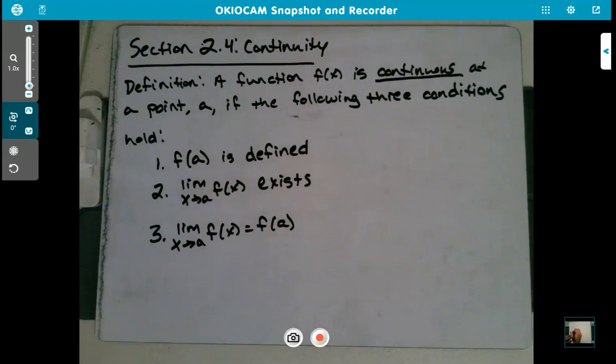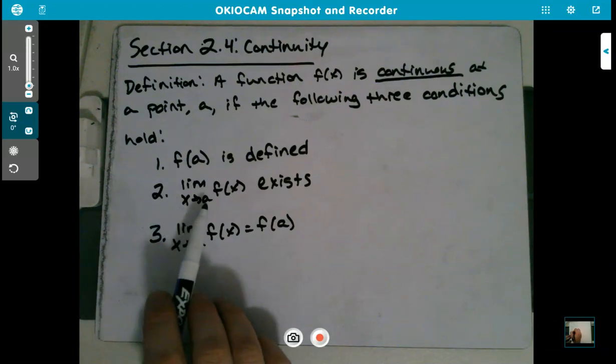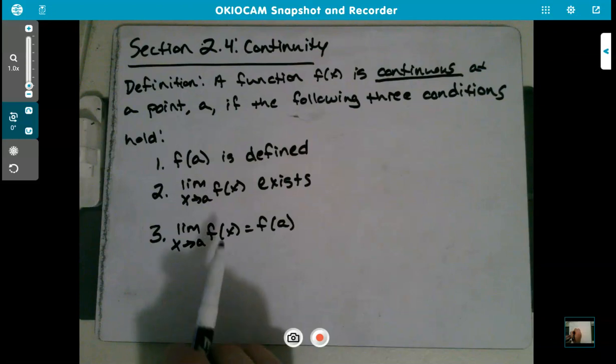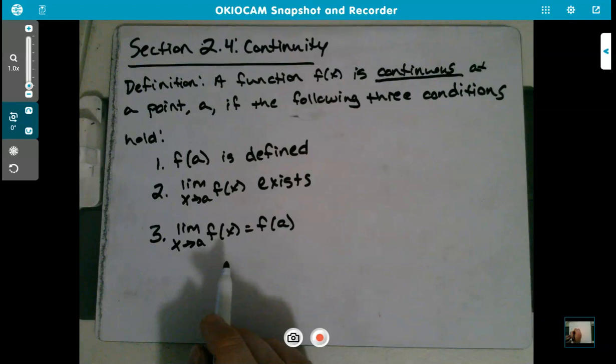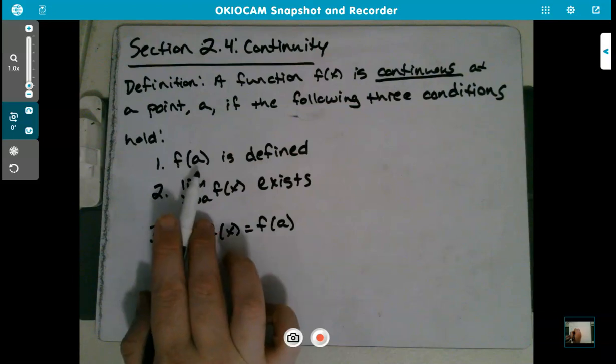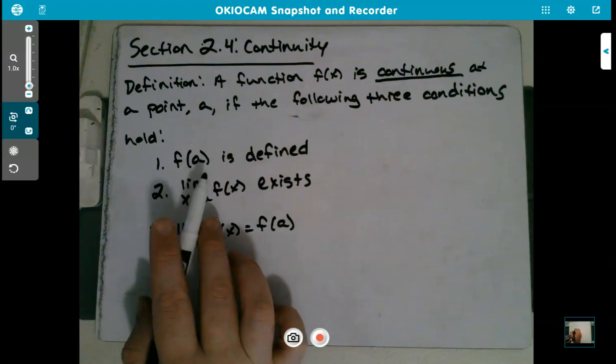So number one says there has to be a point there. Number two means that I have to be able to tell what happens as my graph gets close to A. And number three means that those two things have to be the same. So basically what this means is as I get close to A, I have to get close to a point where f of A exists.